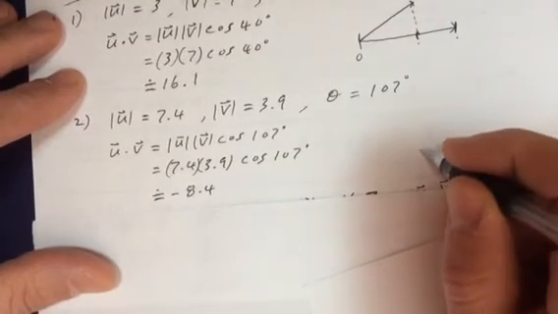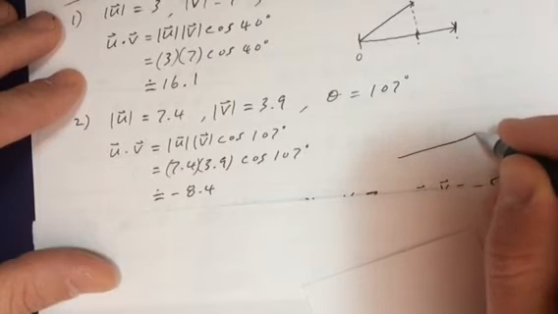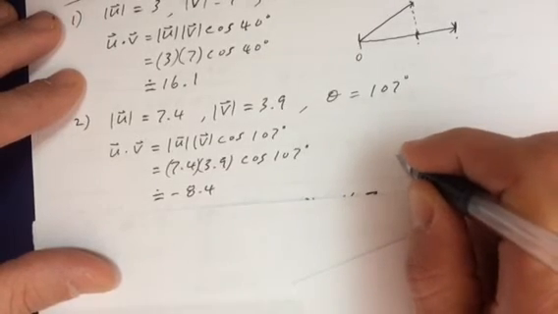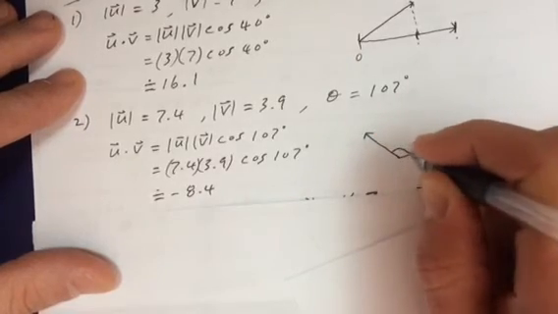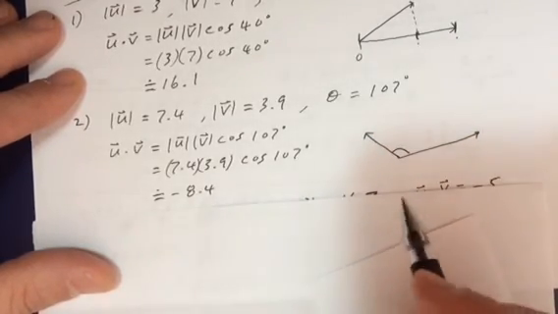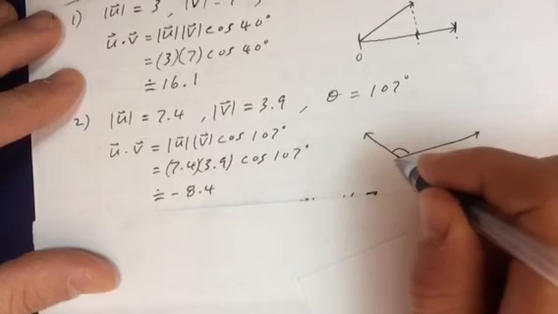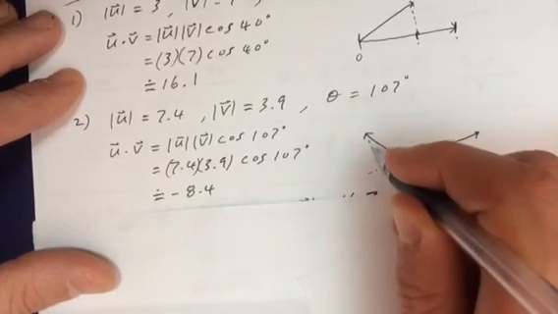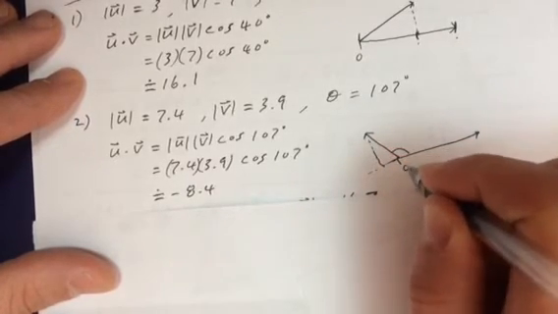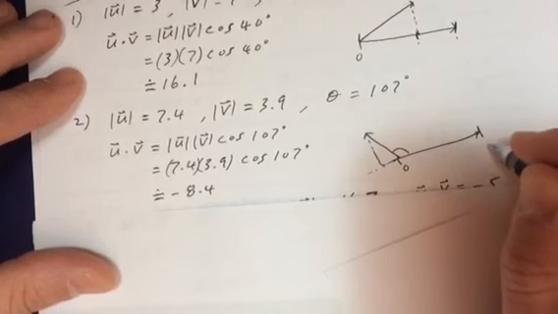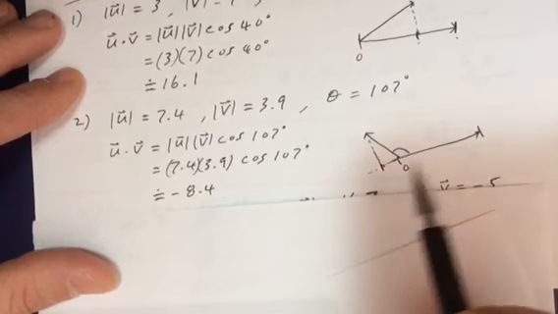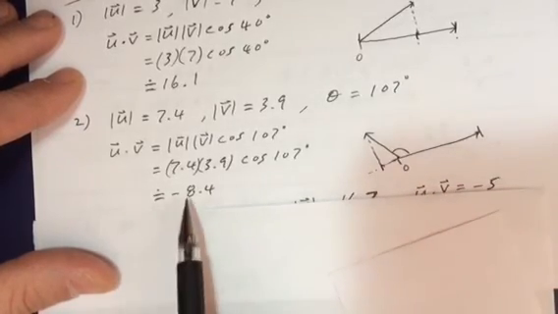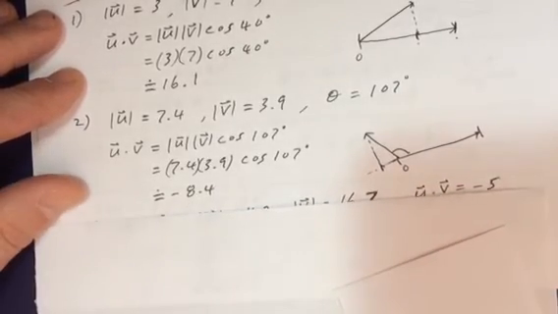So 107 degrees, that's like looking at these vectors like this, and then the angle between the two is in there, and it's greater than 90. So the projection of this one down is going to produce, if that's 0, that's a positive number, that's a negative number, so a negative times a positive is going to give me a negative.